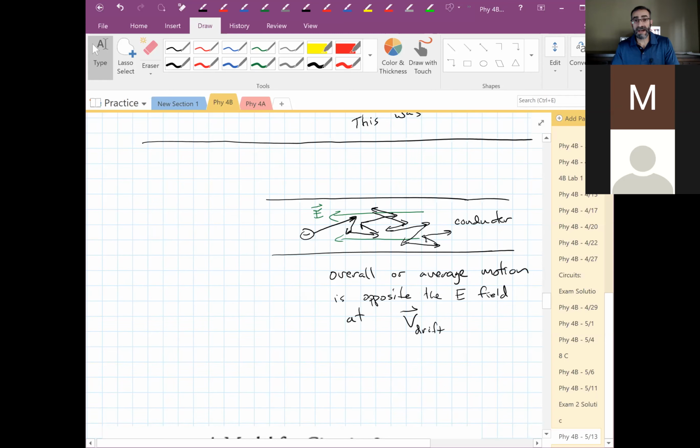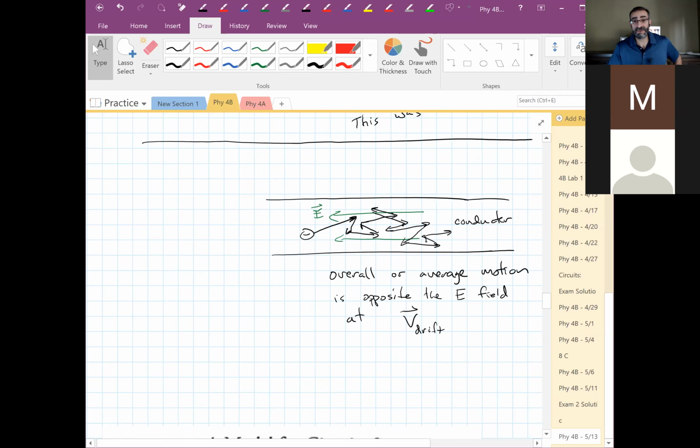So how come the light turns on right away when you turn the switch on? Because the wires are full of electrons, right?